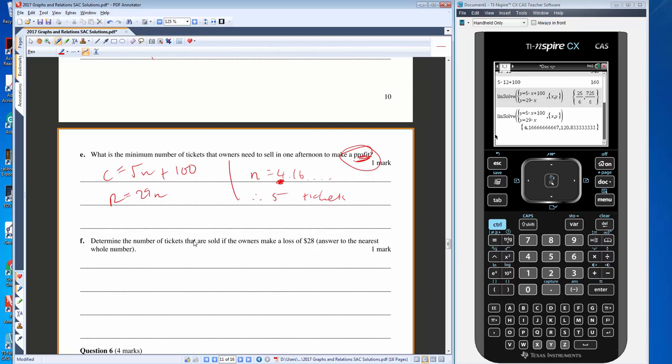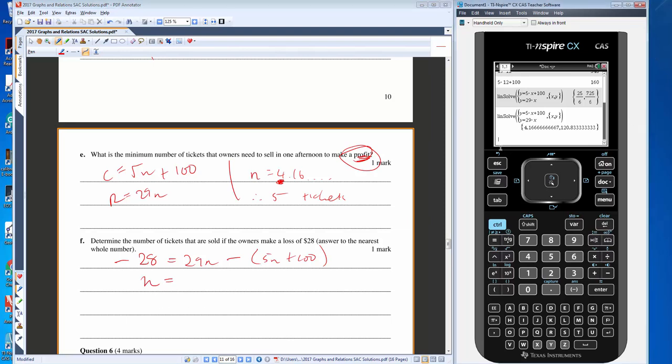Alright, determine the number of tickets that are sold if the owners make a loss of 28 bucks. So this is negative 28, kind of like the profit equals 29n take away 5n plus 100, and what you would do is throw that into solve on the calculator and it will say n equals.